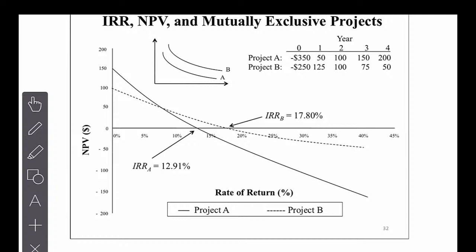It likes low discount rates. And project B is more flat. So that's how we see that A is above B up until here, and then B is above A.